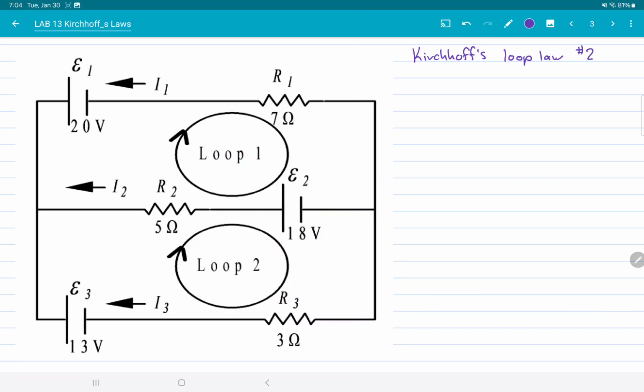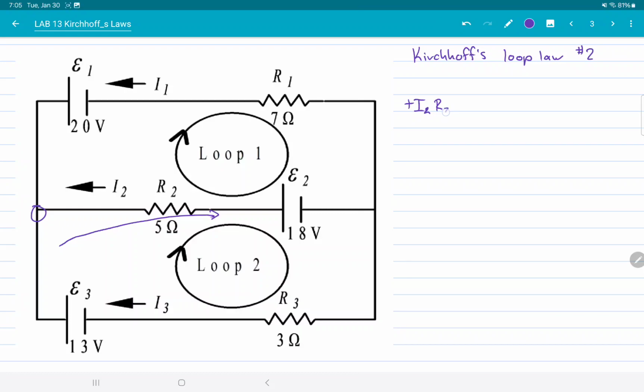Well, actually, no. Let's pick a starting point. I'll pick that node as my starting point. So, I'm going clockwise through this. I pass across R2, but I'm going opposite the direction of I2.